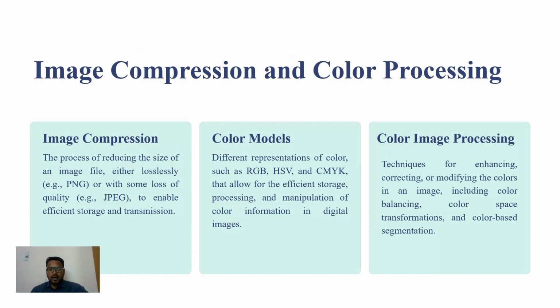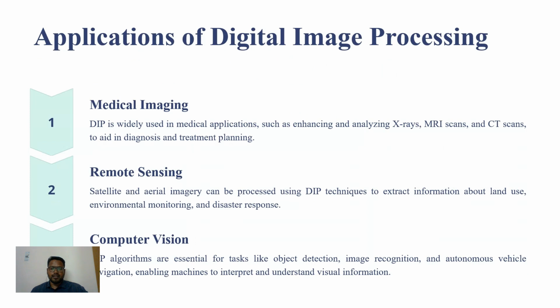Next is applications of digital image processing. I will provide real-world examples of digital image processing, like medical imaging, remote sensing, and computer vision. In medical imaging, digital image processing enhances and analyzes medical scans like X-rays and MRIs to aid in diagnosis.